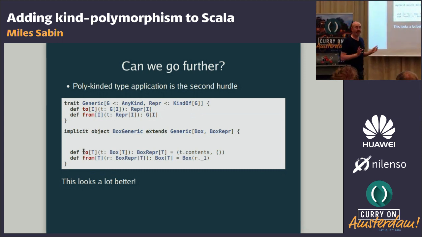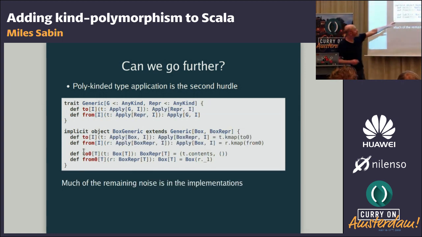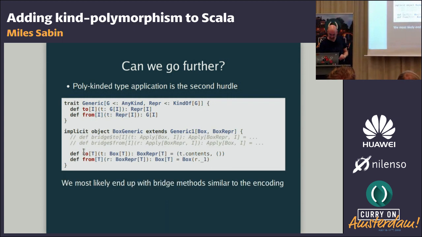We don't want them to have to explicitly deal with explicit type application, boxing, and wrapping around their type. So this is what we want to write. And what we want is for the compiler to generate essentially the code that I showed you on the previous slide, where we're doing the delegation from the wrapped, lifted type application into the unlifted one, and have that done for us.